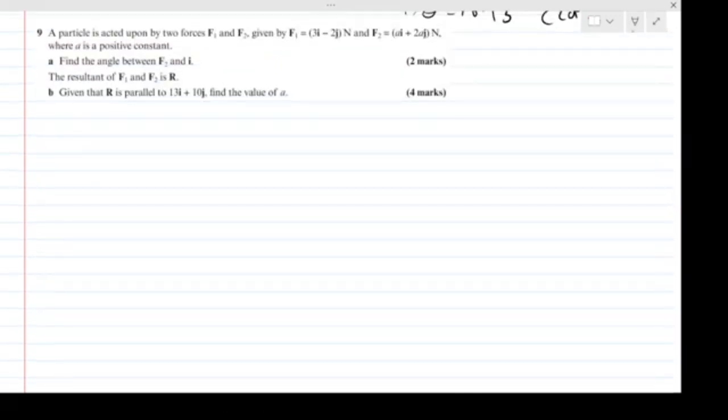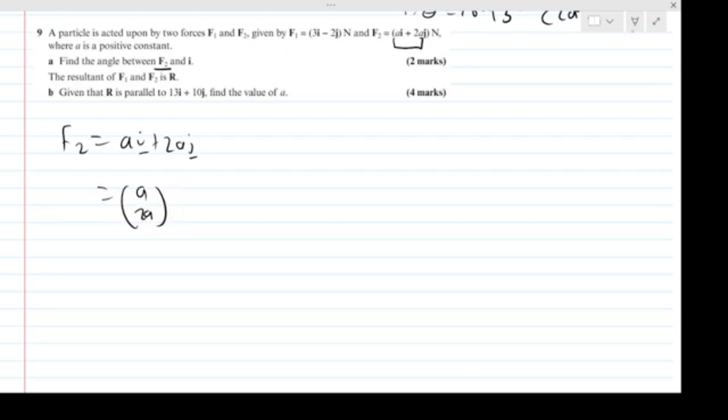So now we're told a particle is acted upon by 2 forces, F1 and F2. F1 is 3i minus 2j, and F2 is ai plus 2aj. Now, part A doesn't actually ask to find the resultant, it asks to find the angle between F2 and I. Again, very weird question, but again, if I draw F2, so F2 is ai and 2aj, or as a column, a and 2a.